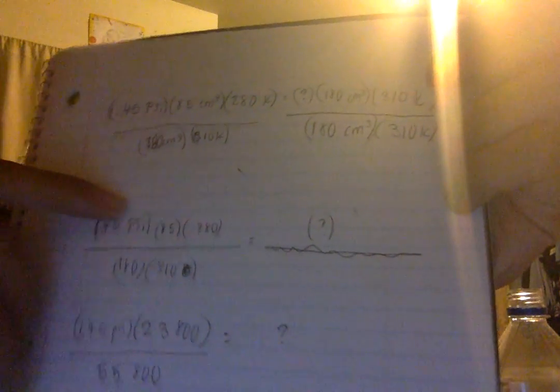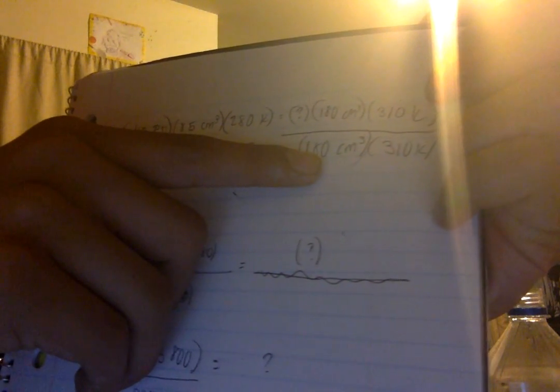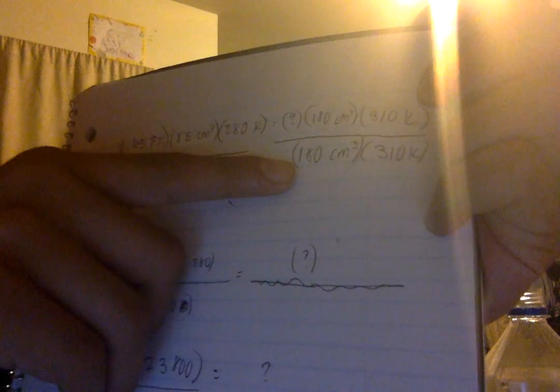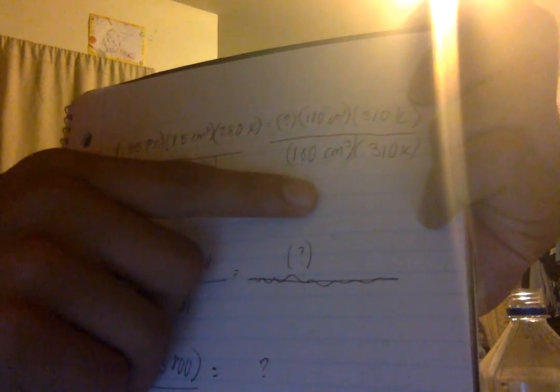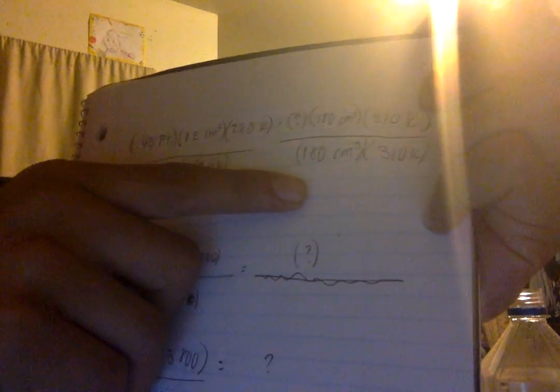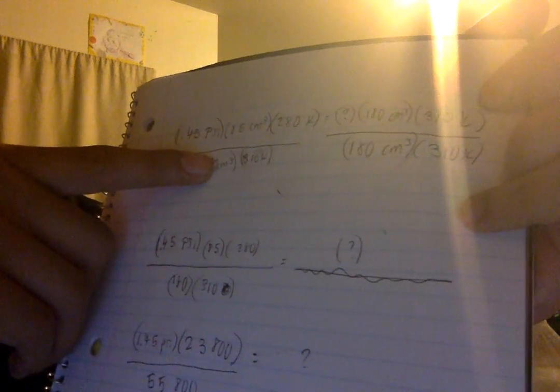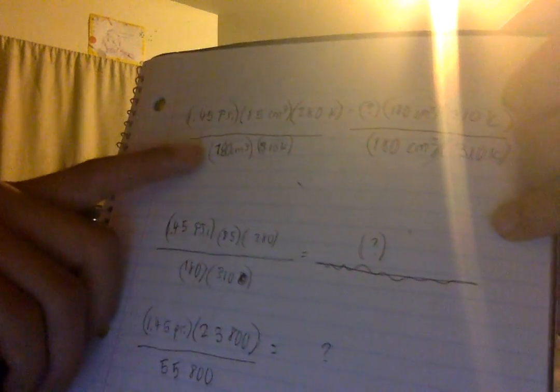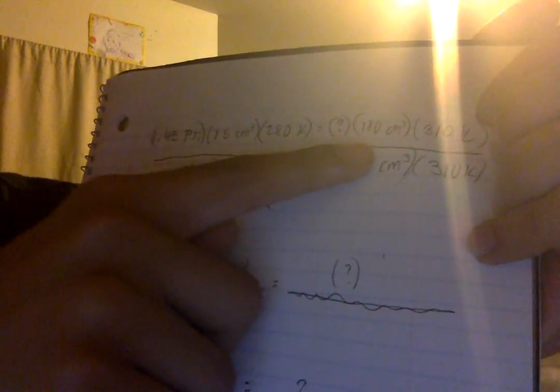The way I did it, I divided the other variables away from the question mark to isolate it, similar to how you would with x in an algebraic equation.